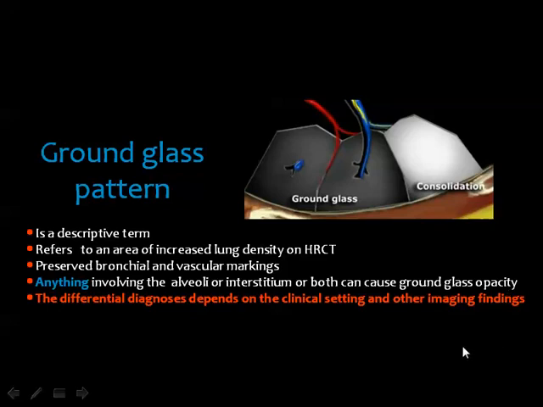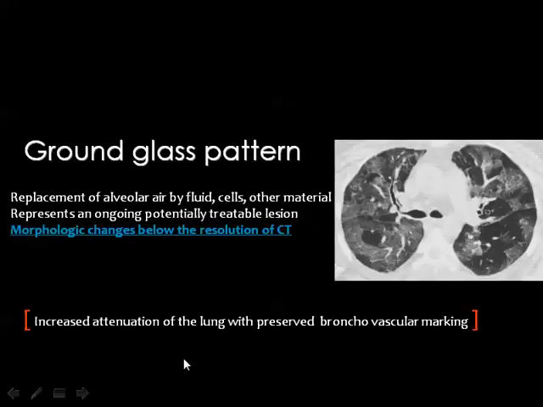So, if you see ground glass opacities in the lung, this is not a specific disease. It is a lung pathology with a hidden underlying lung disease. And if you wait for some time, then you can see the original pathology, which is most commonly interstitial lung disease.